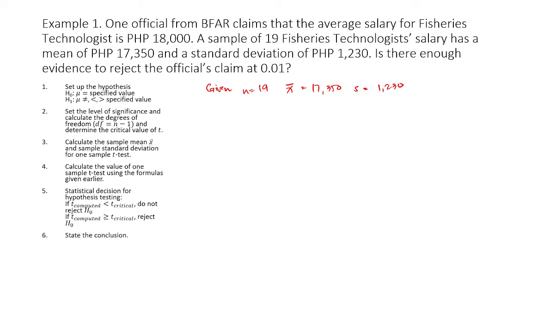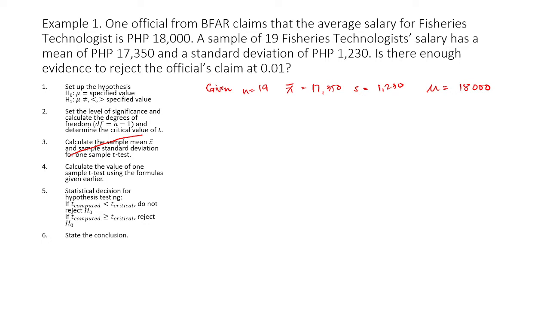As you may have remembered, we need to calculate the sample mean and the sample standard deviation for the one sample t-test. So, goods na tayo dyan kasi binigay na sa atin. And also, we have a mu which is 18,000, which is the claim of the official of the BIR na meron daw 18,000 na average salary ang ating mga fisheries technologists.